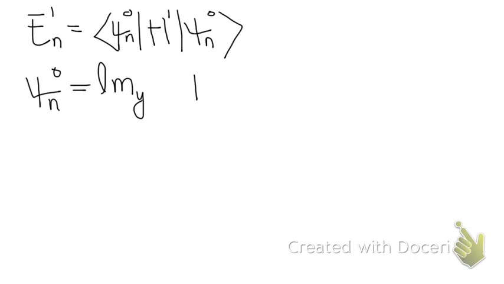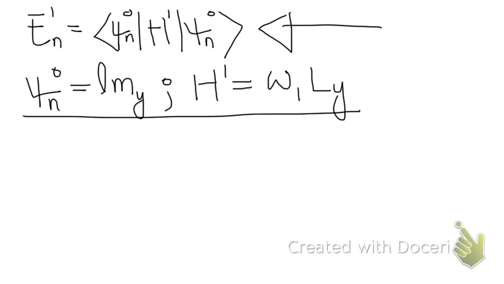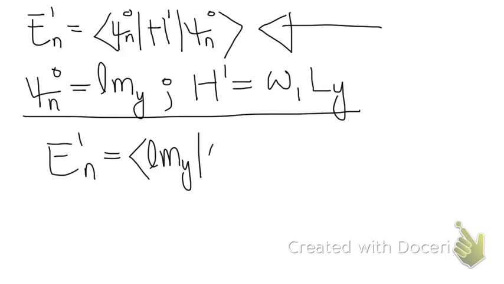And we have my perturbed Hamiltonian as omega 1 Ly. So with these things and this expression, let's just substitute the values. E1n is then written as Lmy omega 1 Ly and again Lmy, so the expectation value of my perturbed Hamiltonian in my angular momentum states.